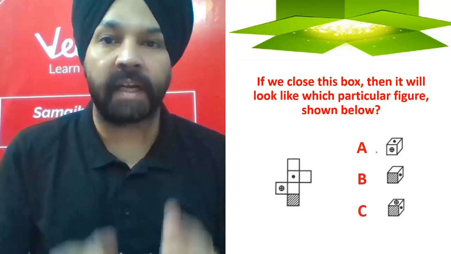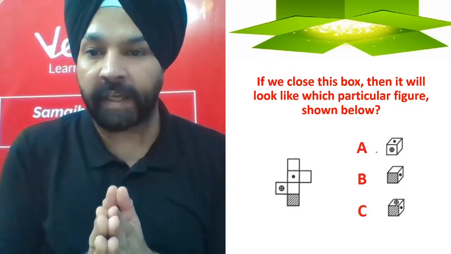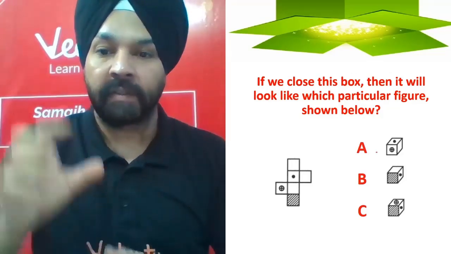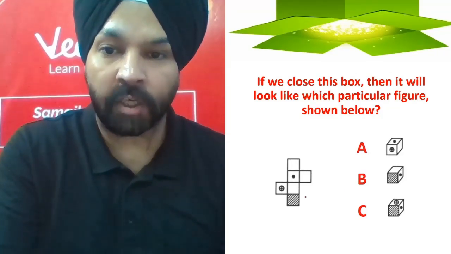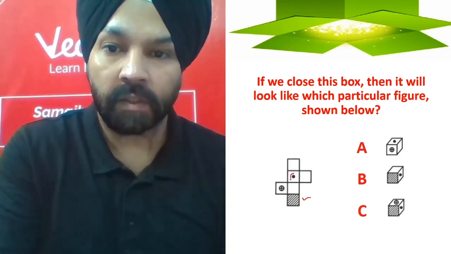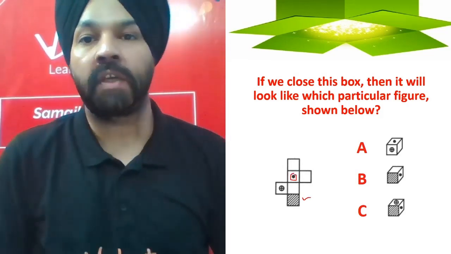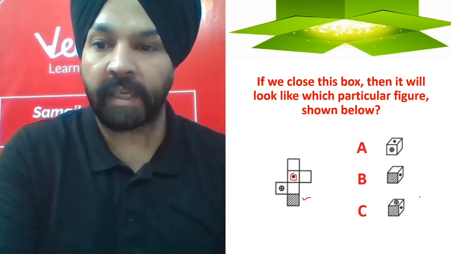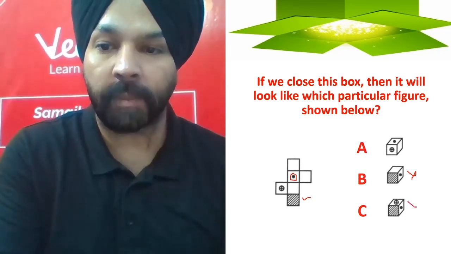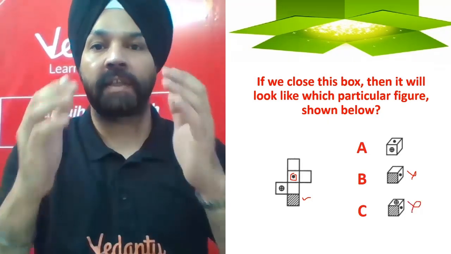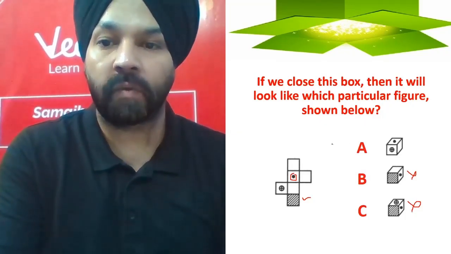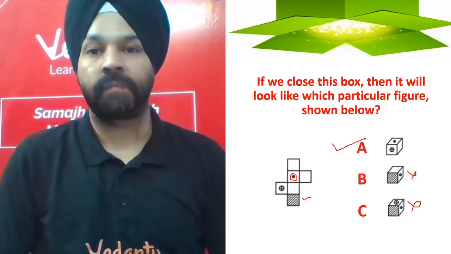The second option, that is the B option, tells me that shading is there and dot is there, which is absolutely wrong, because I can see from the diagram that this shaded portion and dot should come on the opposite faces. That means this diagram is not possible. Similarly, this is also not possible because the dot and the shaded portion are on the opposite faces. That means the only good option left with me is option A.